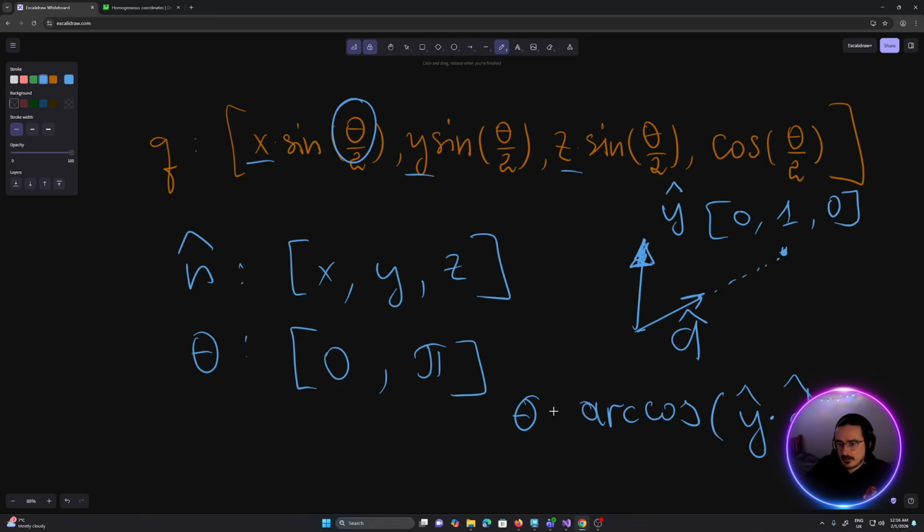That is our angle theta. And to find the axis, we would need to do the cross product of our y and d hat.